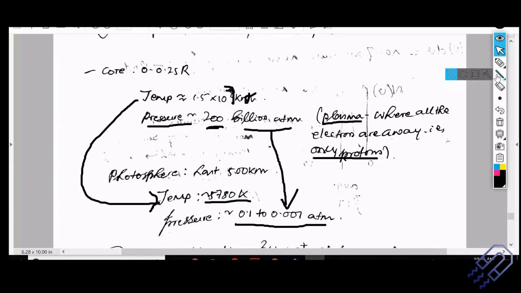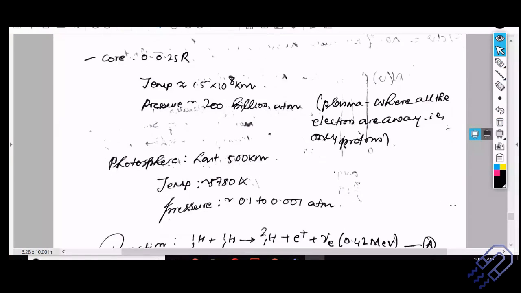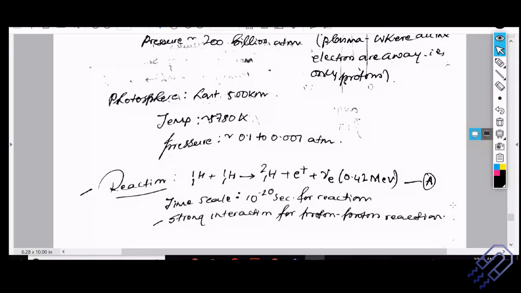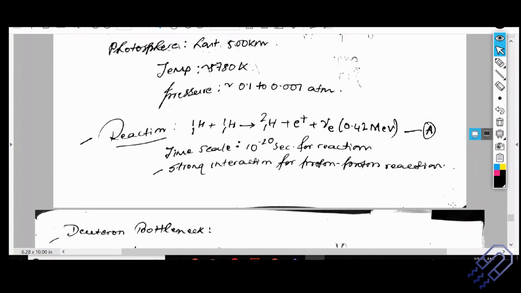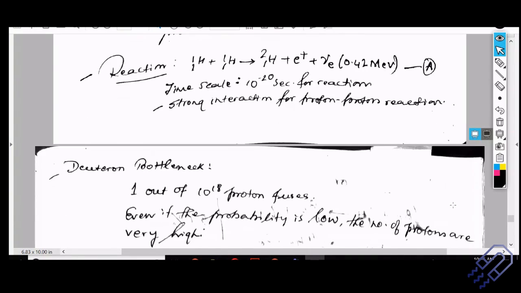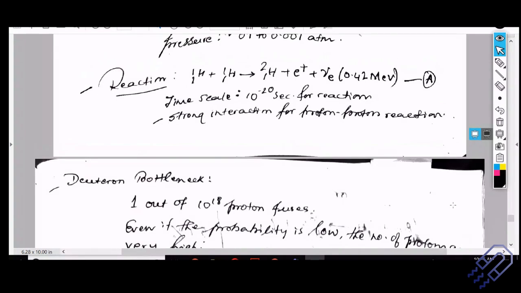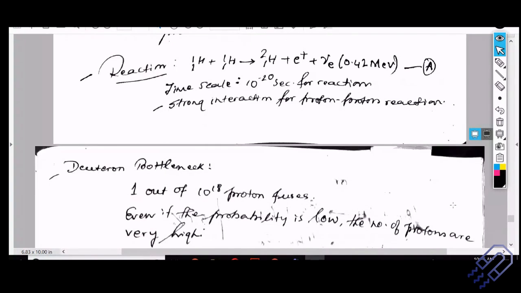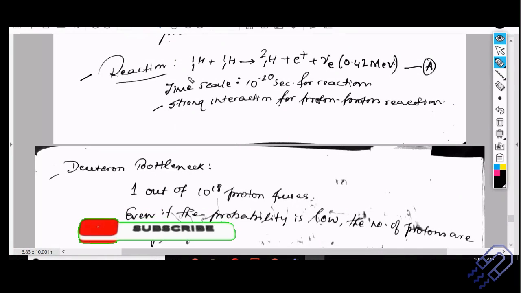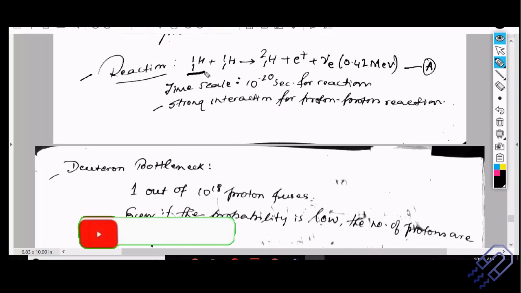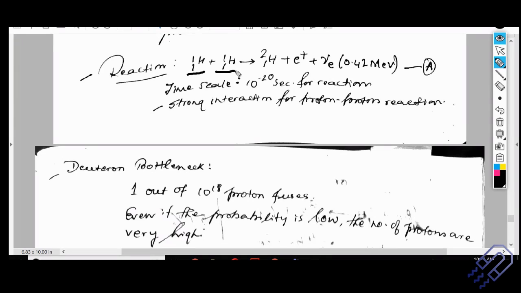Having said that, let's go for the first reaction cycle. The most probable reaction that happens should result in the formation of helium. One of the most prominent reactions in the sun is this. You have a lot of hydrogen atoms because we are talking about the plasma state at the core. The protons come together and fuse.